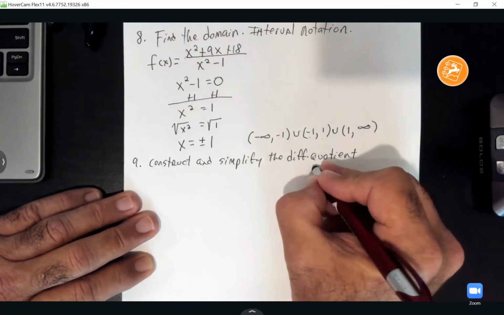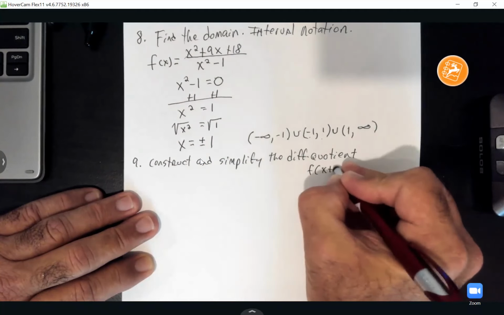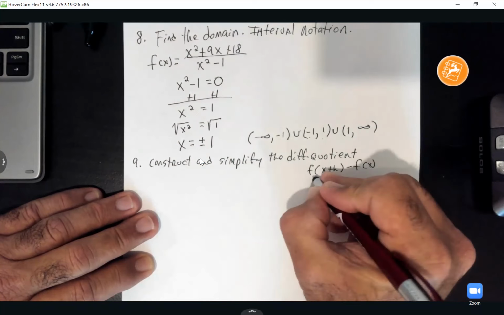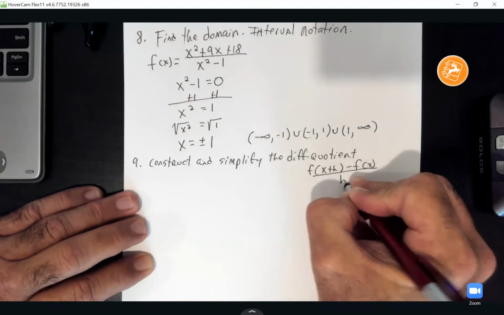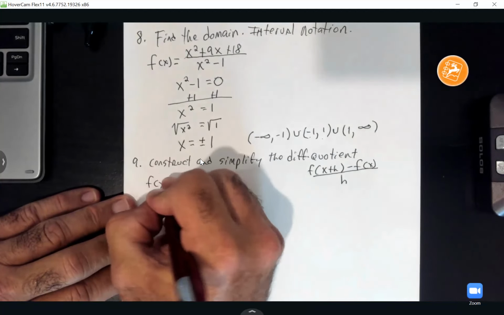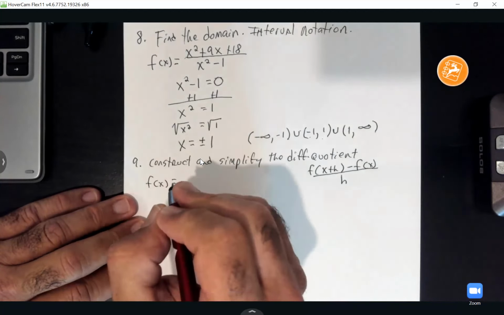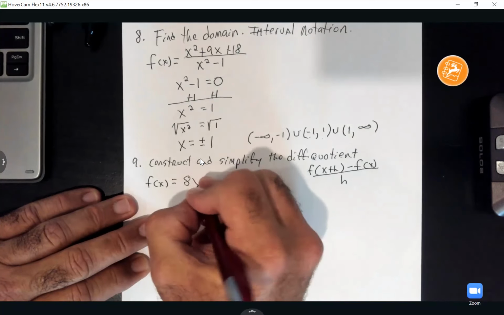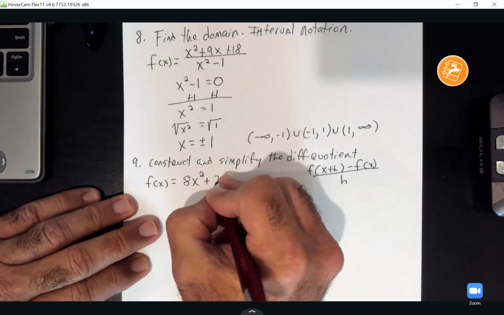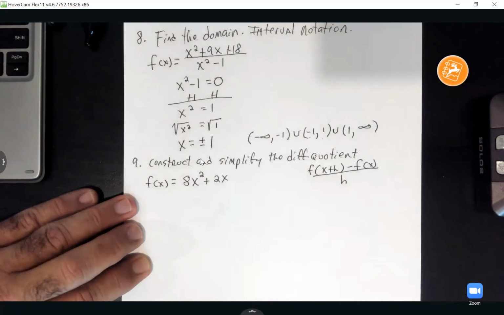Remember, difference quotient was f of x plus h minus f of x, all of that over h. Now, our f of x they're giving us, f of x is going to be 8x squared plus 2x.